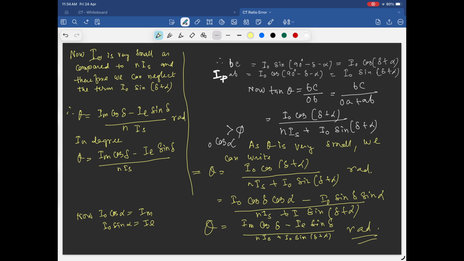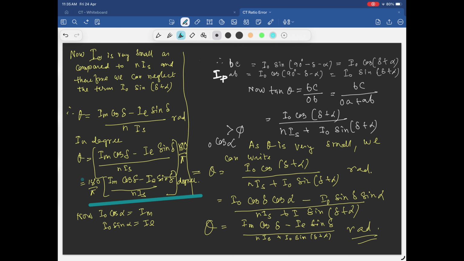In degrees, we have to multiply it by 180 by pi. So theta is equal to 180 by pi times Im cos delta minus IE sin delta by NIS. This is the expression of phase angle in CT.